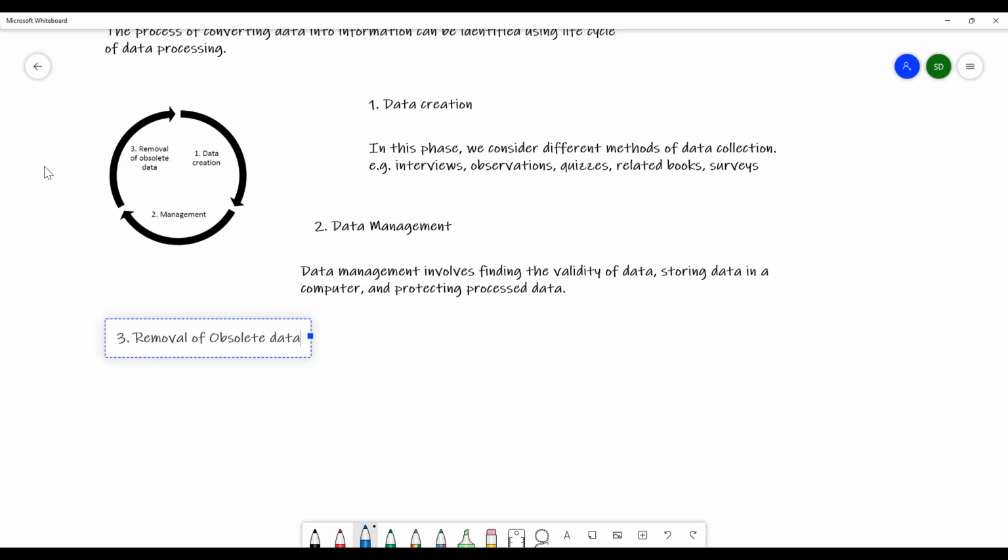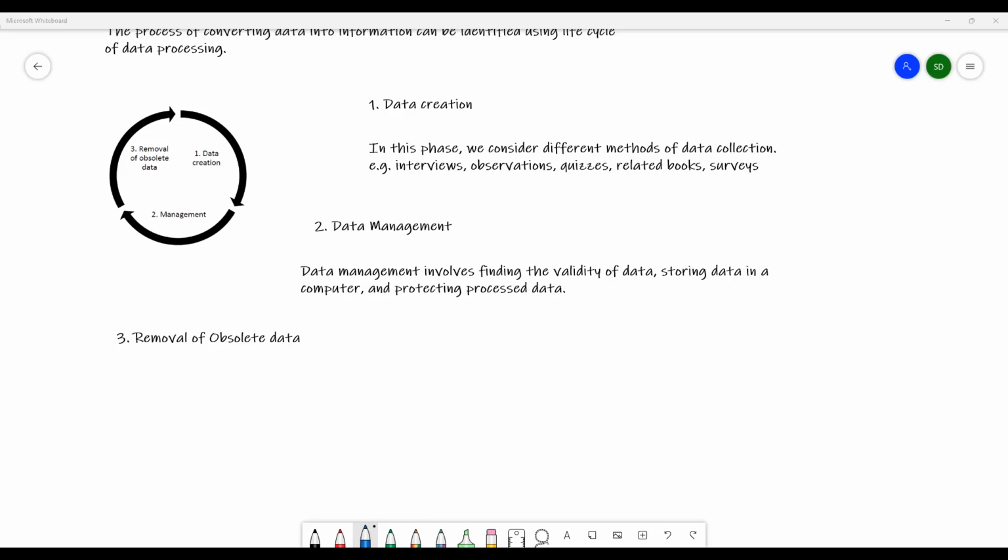Now, after some time, some data is not useful.